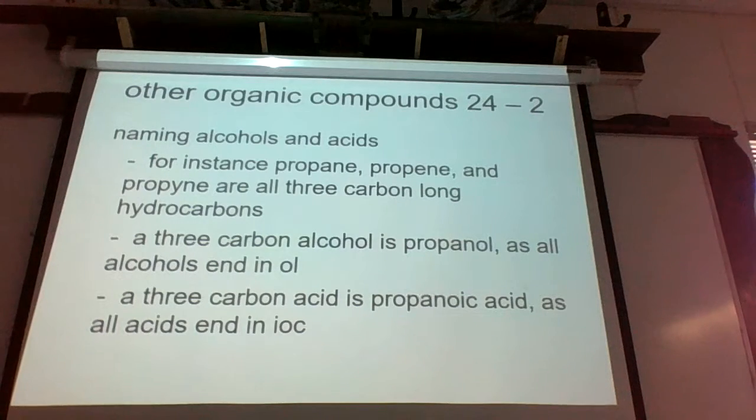Well, if it's called chloropropane, that would mean that you're dealing with which organic family? What's the suffix? Propane. Yeah, it's still an alkane, so it's not a different organic family. It's just a halogen derivative.